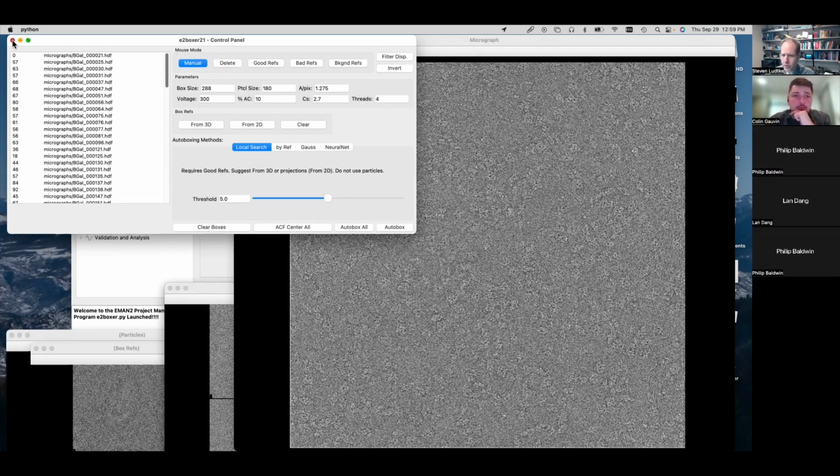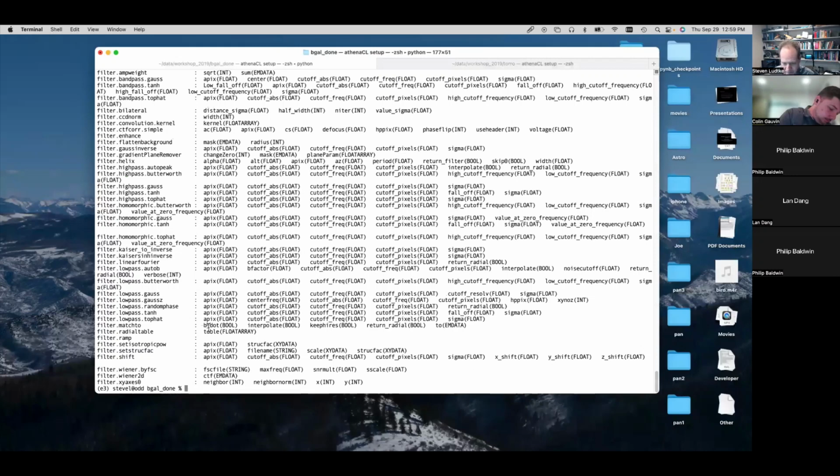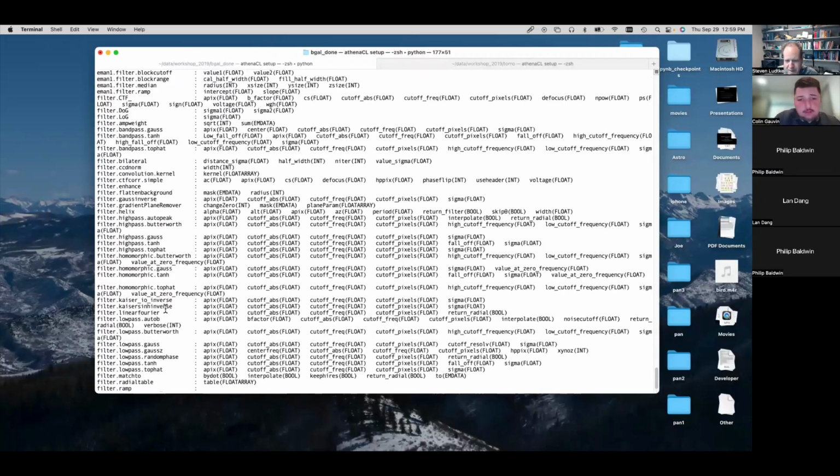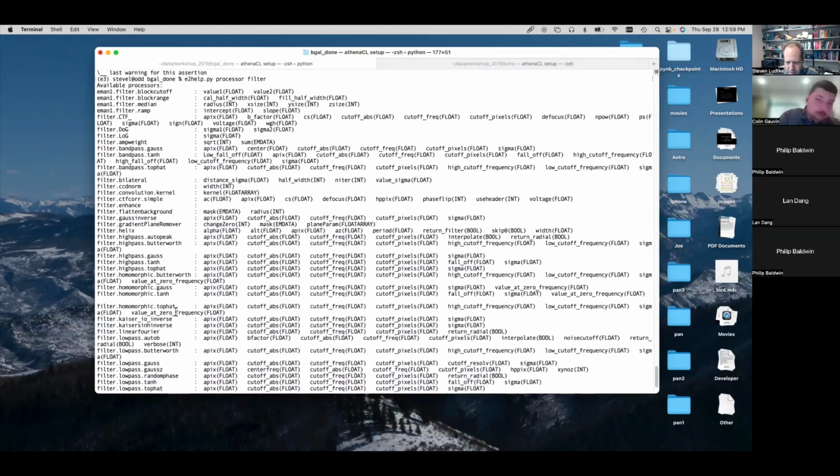So what filter is it using there? It has a name, but what should I call it? It's a very unusual filter. There it is: filter.enhance.